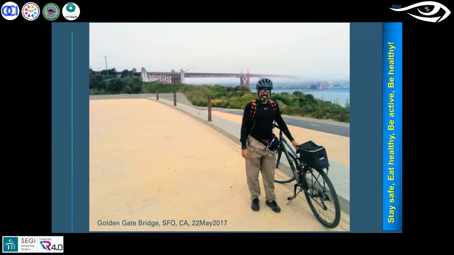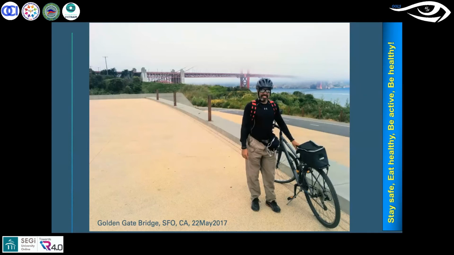So let me talk about this. I keep myself very active. I eat healthy food. And of course, in the current scenario in the world, you have to keep yourself safe as well. It's all very important, and don't think that you can be inactive and eat all kinds of junk food and expect that you can still stay on the healthy side.